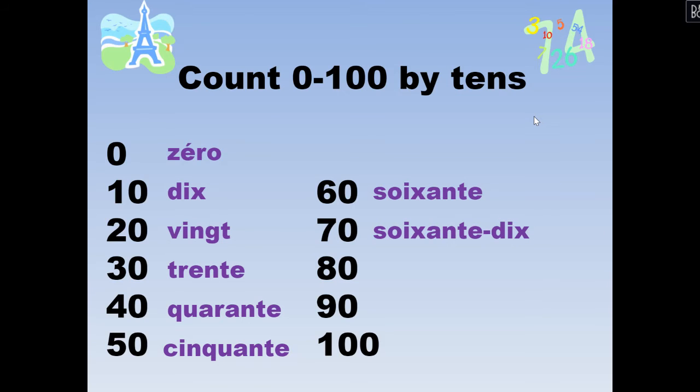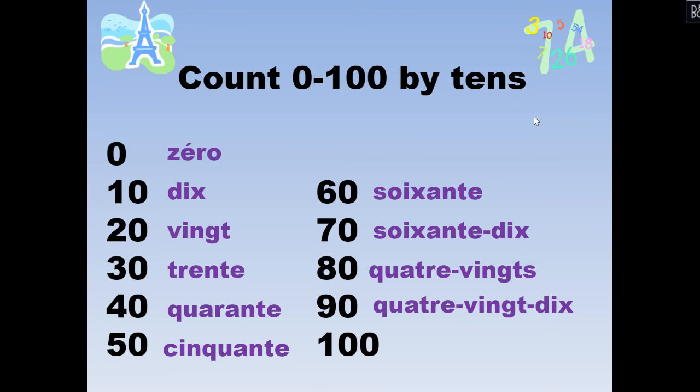And then 71 would be soixante et onze, soixante-douze, soixante-treize. So you really need 11 through 20 for that. 80 is quatre-vingts, right? 4 times 20. And 90 is quatre-vingt-dix, 4 times 20 plus 10. And 100 is cent. So 100 cents in a dollar, right? A century is 100 years.